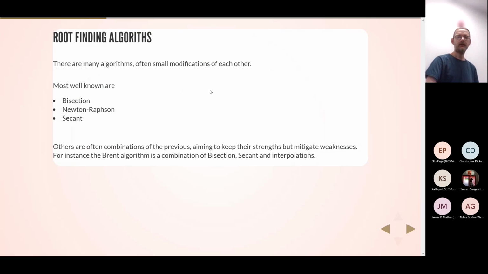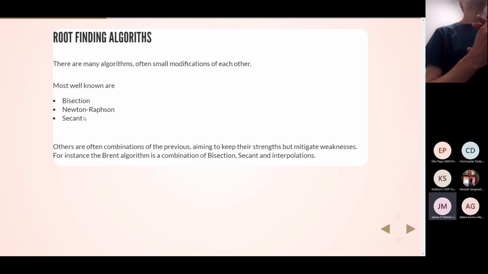So how do we find these roots of the equation? The well-known algorithms, ones that we'll mainly talk about here, are bisection, Newton-Raphson, and secant. I imagine you've seen those before. We'll go through them in a second, but they're all based around, a bit like last week, making a Taylor expansion of your function.